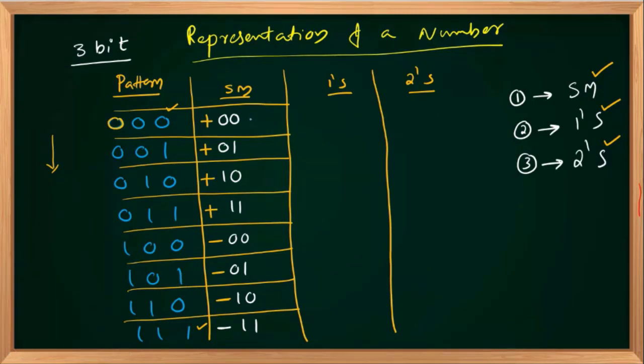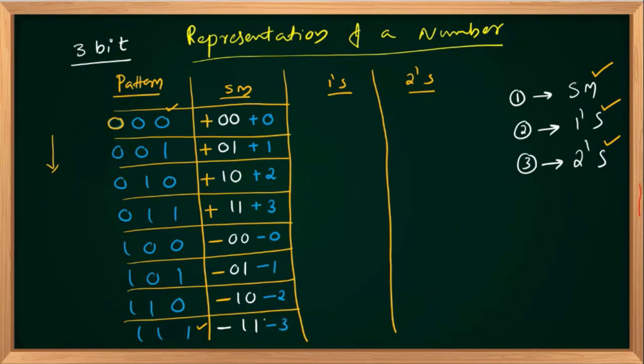What is the magnitude? 00 implies decimal 0. 01 implies 1. 10 implies 2, so it's a positive 2. 11 is 3, so positive 3. Very simple. The remaining numbers have the same magnitudes but a negative sign: minus 0, minus 1, minus 2, and minus 3.